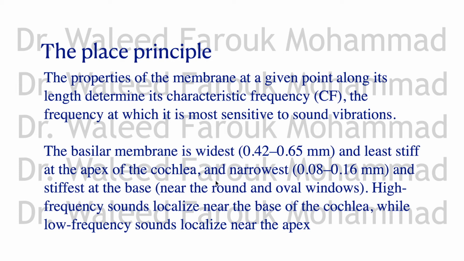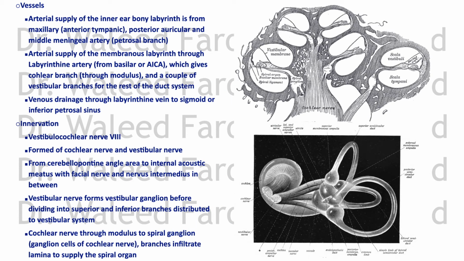This means that the wave coming will travel along the membrane until it touches a spot specific for that particular frequency of that wave, and the response is given accordingly. You know what I mean now. It's like a board of tones, of frequencies all over. This is called the place principle of the basilar membrane.